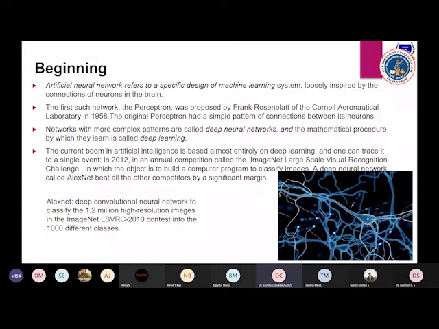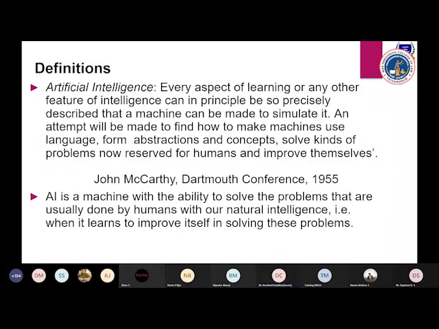The definitions given for artificial intelligence can be traced back to 1955, where John McCarthy at the Dartmouth conference said that artificial intelligence will encompass every aspect of learning or any other feature of intelligence that can in principle be so precisely described that a machine can be made to simulate it.